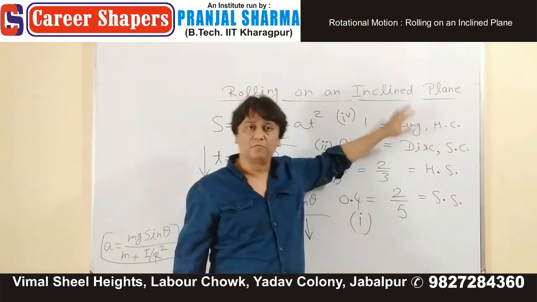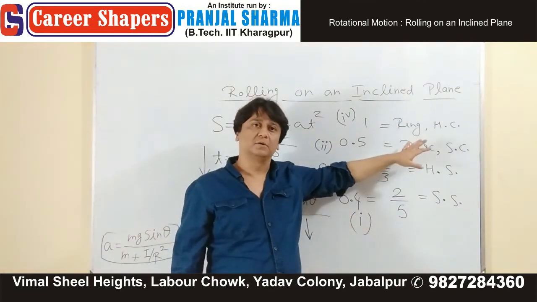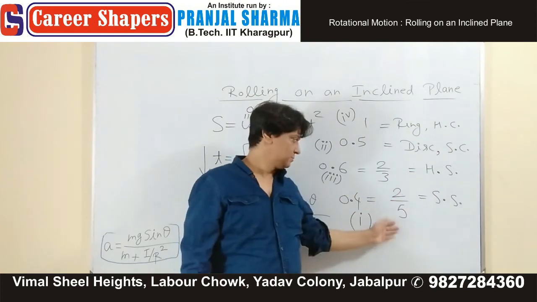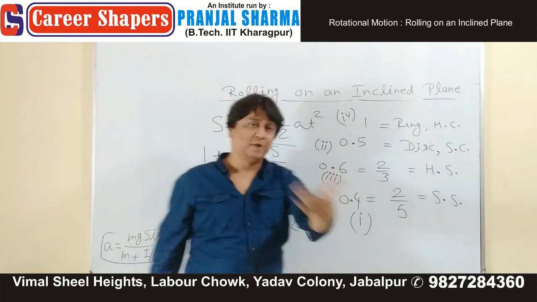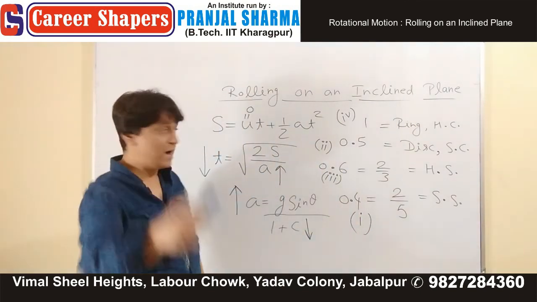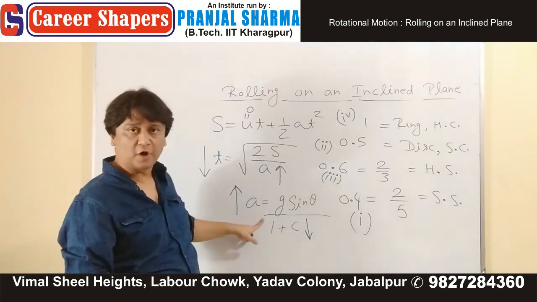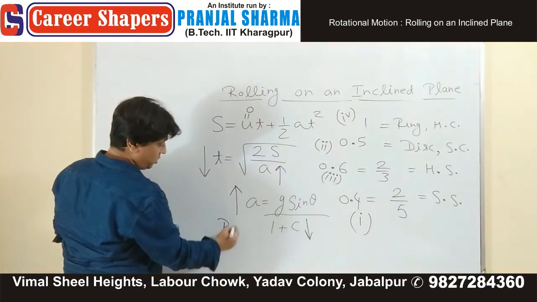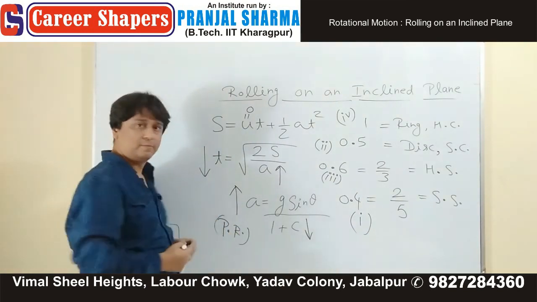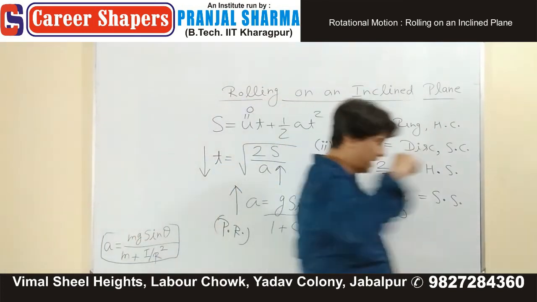An important result type question. सबसे पहले कौन आएगा? सबसे बाद में कौन आएगा? Experiment खुद कर लेना, provided you are using this formula, which tells you what it should be: pure rolling mode. Last 15 seconds.